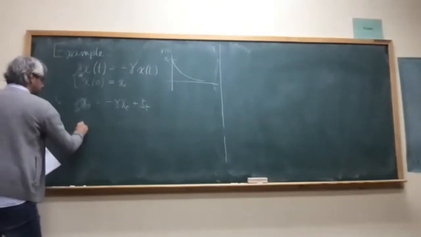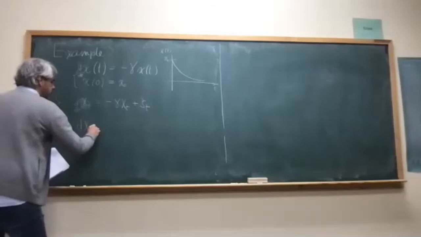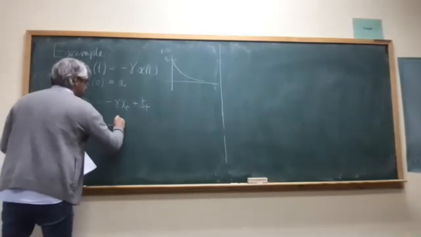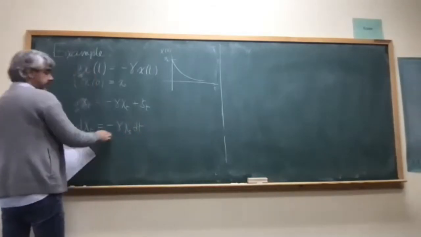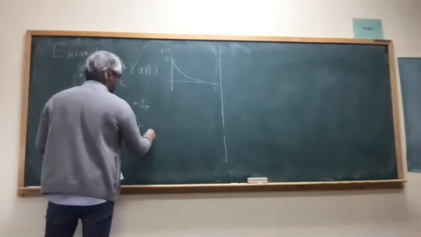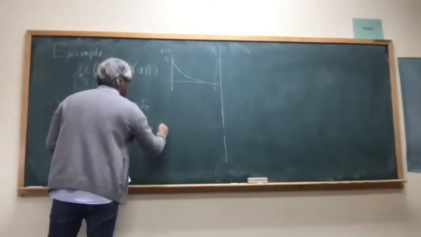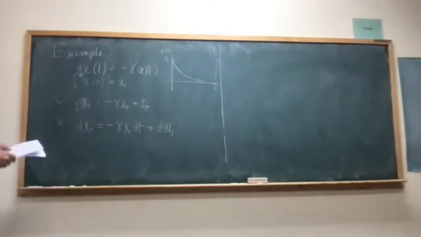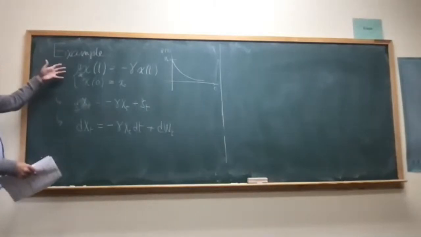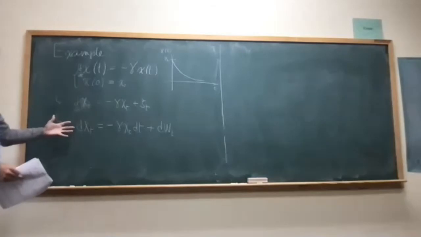The meaning is that the increment of the process will be minus gamma x t dt. That's the Euler scheme for the differential equation, plus increments of Brownian motion. So I go from the differential equation to the stochastic differential equation.